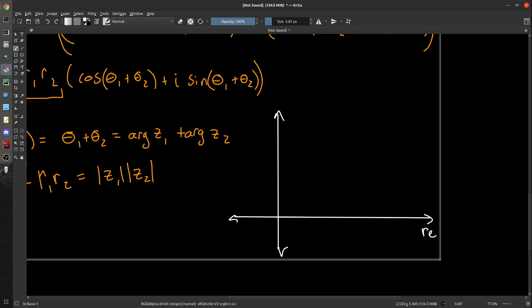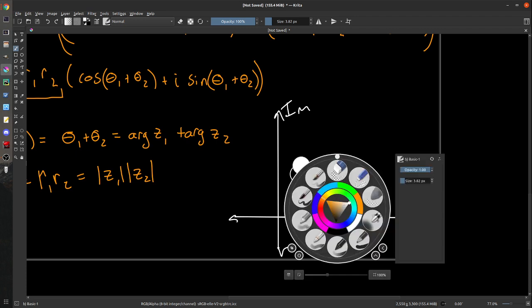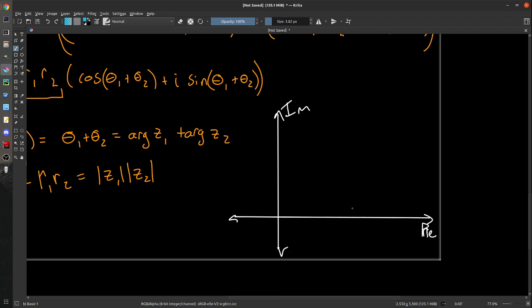Real and imaginary. Okay, good stuff. And say I'll take one, say this is Z1, then this would be theta 1, and this would be r1, the length right there.